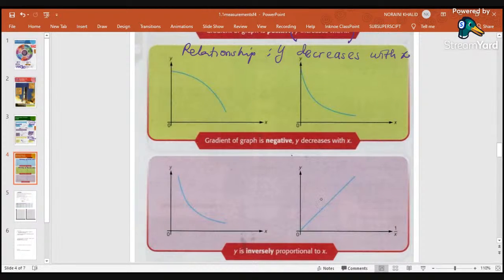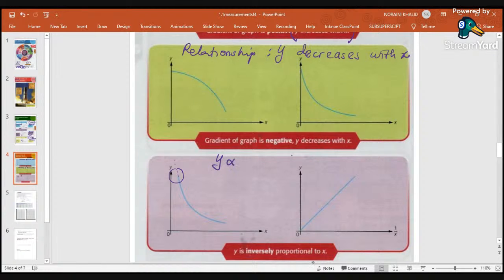Okay, this one is also a curve. But you can see this point does not touch the y-axis, and this one also does not touch the x-axis. It just gets closer but never touches or intersects. So this one we call inversely proportional to x.